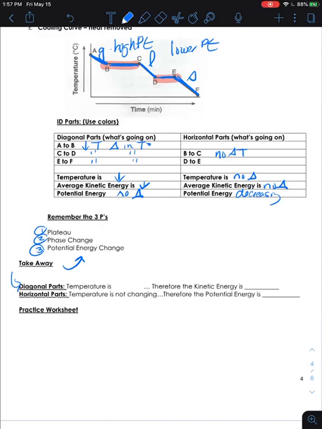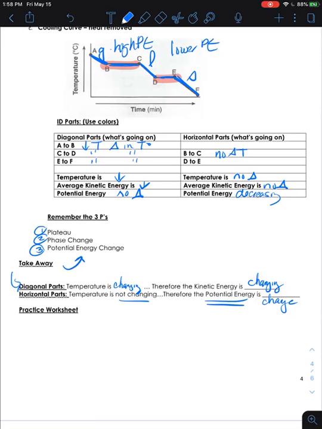The diagonal parts, the temperature is changing, okay? So it could either be increasing with a heating curve or decreasing with a cooling curve. Therefore, the kinetic energy is changing. The horizontal parts, no change. However, this is a representation of potential energy that will in fact change.